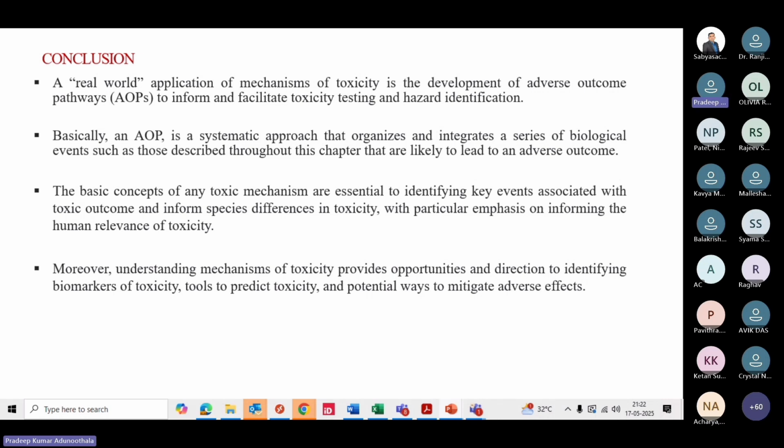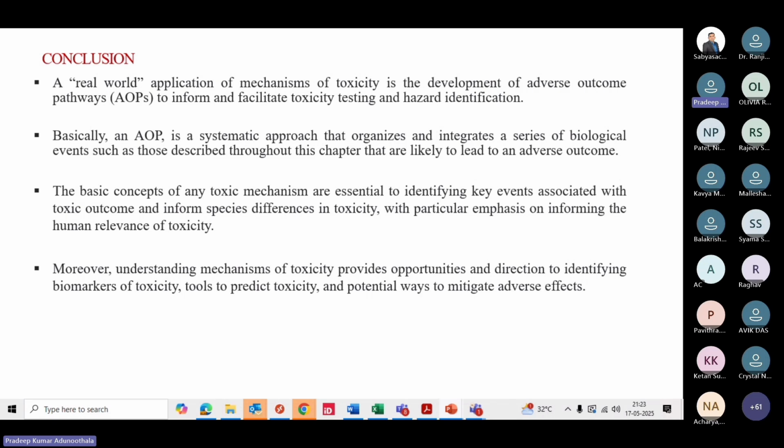And this topic helps to know the basic concepts of any toxic mechanisms, identify the key events which are associated with the toxic outcomes, and inform species differences in toxicity, with particular emphasis on informing the human relevance of toxicity. And the significance of this mechanism of toxicity also provides opportunities and directions for identifying the biomarkers.